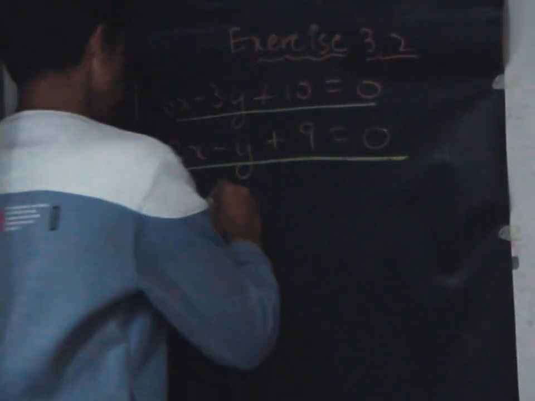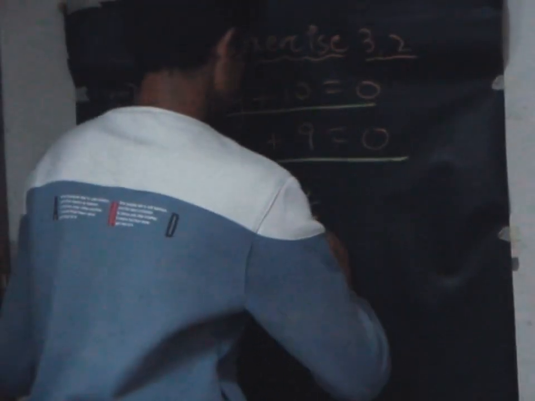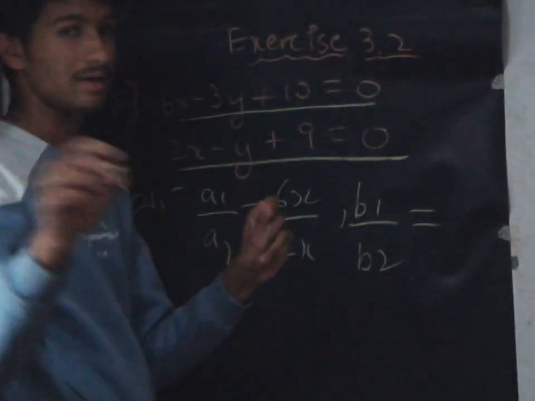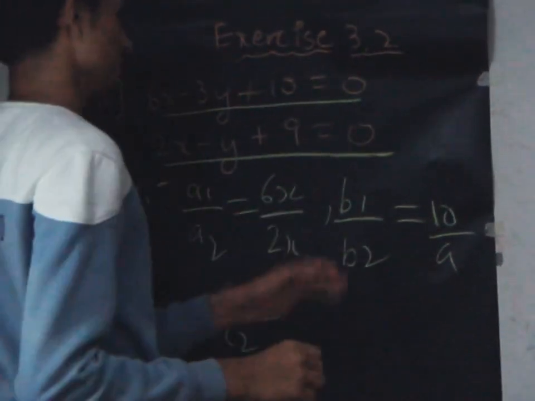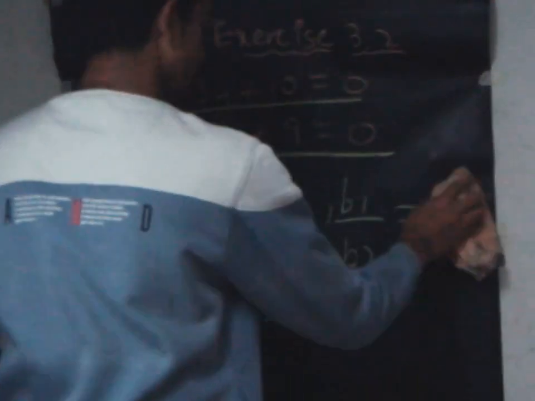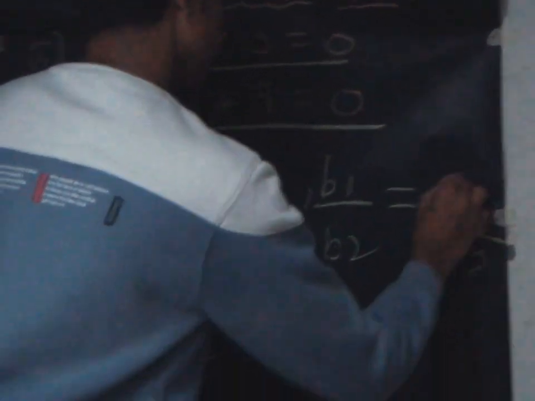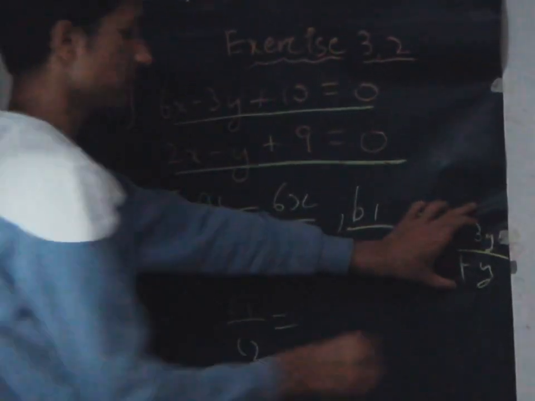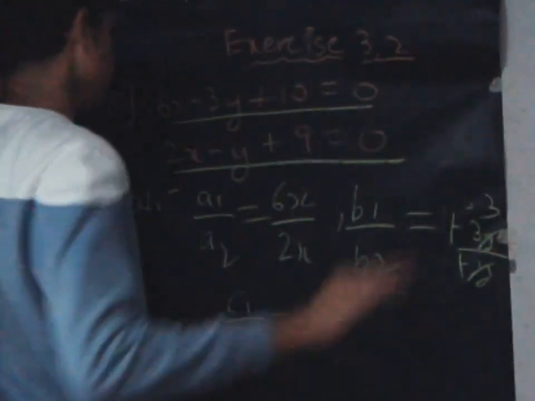Here A1 by A2 is equal to 6x by 2x, B1 by B2 is equal to minus 3y by minus y, and C1 by C2 is equal to 10 by 9. We can directly cut out: it will be 3y by y, or y cancels from y. It will be 3. Okay.